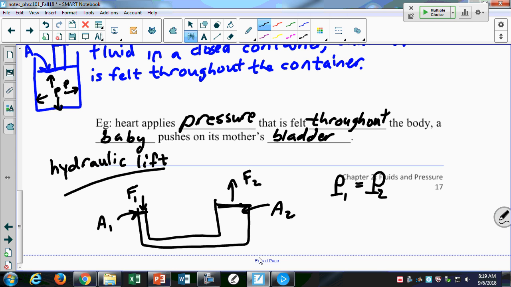Now, that means F1 over A1 is equal to F2 over A2. What does that tell you, just from this figure, about the relative sizes of F1 and F2? Which one is bigger, F1 or F2?